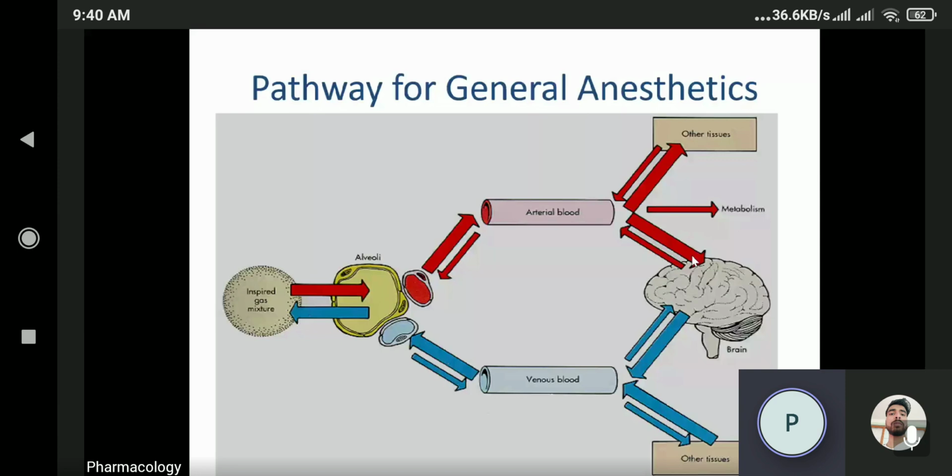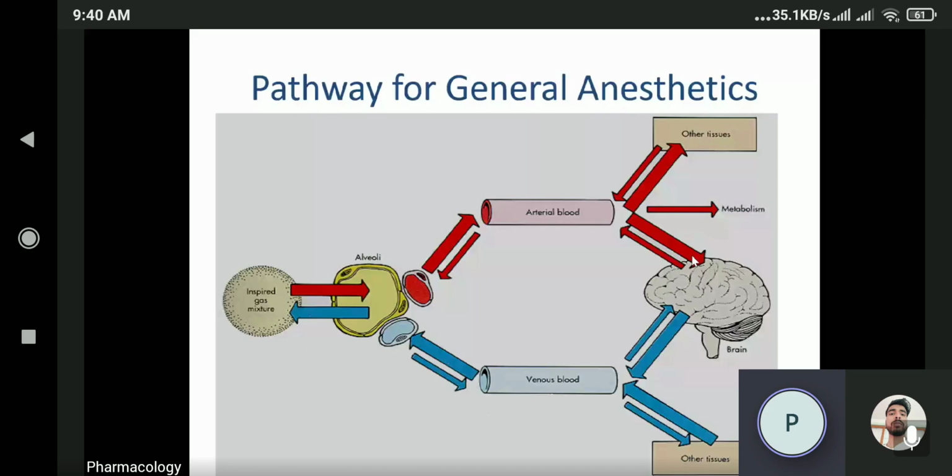And we have already discussed the mechanism of action, how they act on certain receptors like NMDA receptors or even nicotinic acetylcholine receptors, and bring about unconsciousness in the patient and abolition of all the reflexes like pain reflexes, somatic and autonomic reflexes and so on.